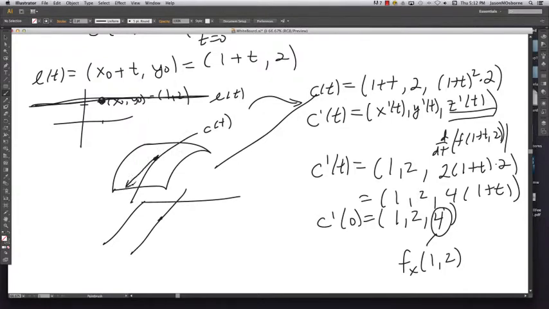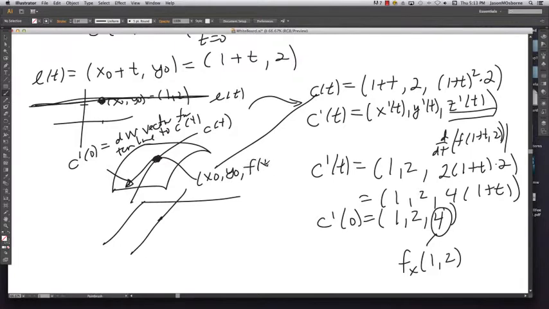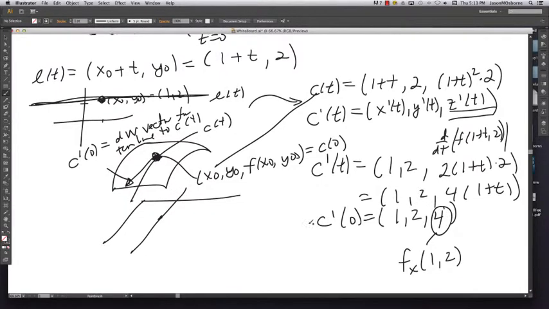C prime of 0 is nothing more than the direction vector for the tangent line to c of t. That's what c prime of 0 is. You need t equal to 0 so that you can be looking at the point x naught, y naught, f of x naught, y naught. That is your point c of 0. So that's the significance of the 4.